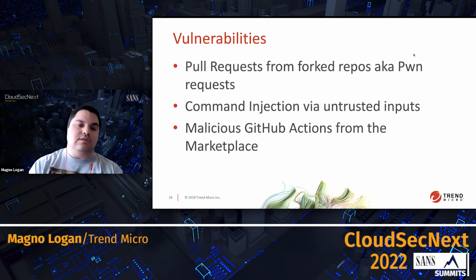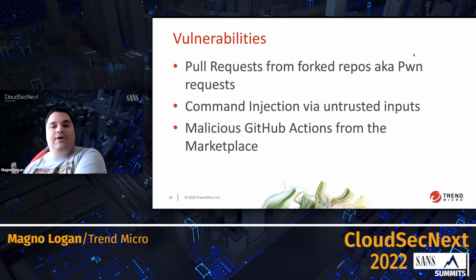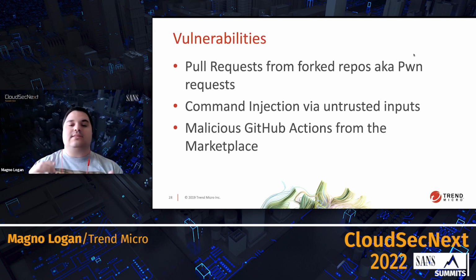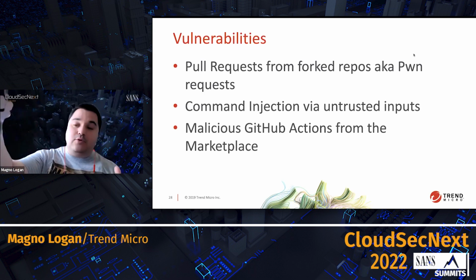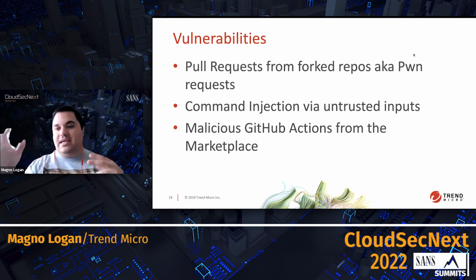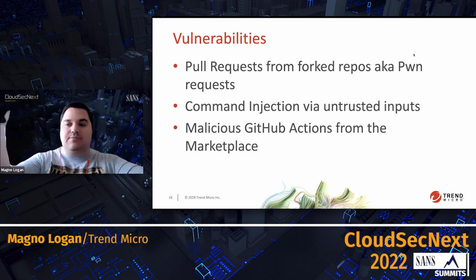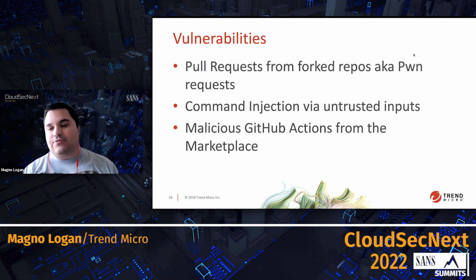The first issue is pull requests from forked repos. What does that mean? Attackers were forking your repositories that were using GitHub Actions, making changes, and then submitting pull requests back to the original repo. And that was triggering the GitHub Actions.